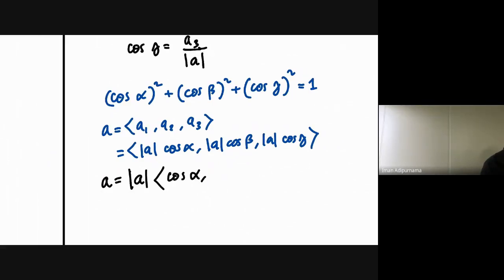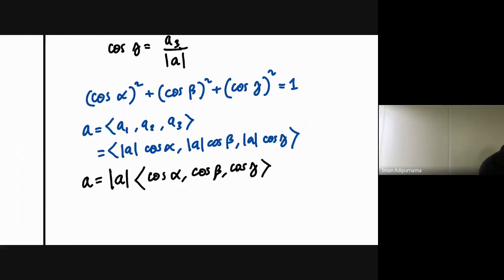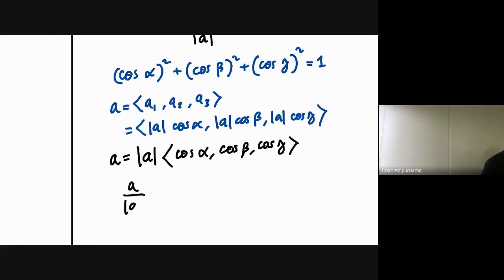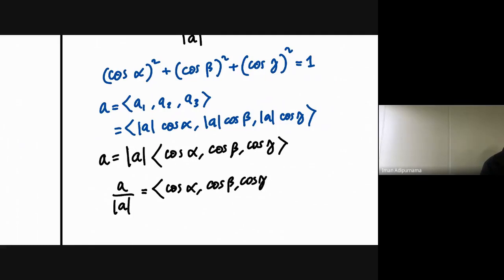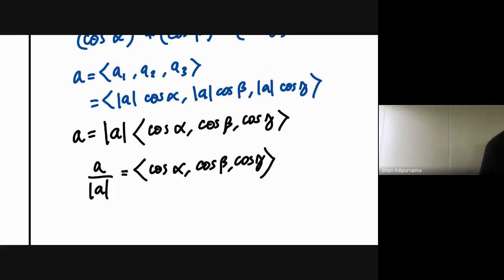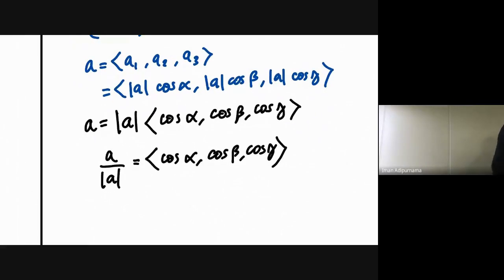It will be cosine alpha, cosine beta, and cosine gamma. And therefore, we can write A, which is confirmed it is 1, right? The unit vector, because of the unit vector. So the magnitude of this is, if you square it, it becomes 1, right?